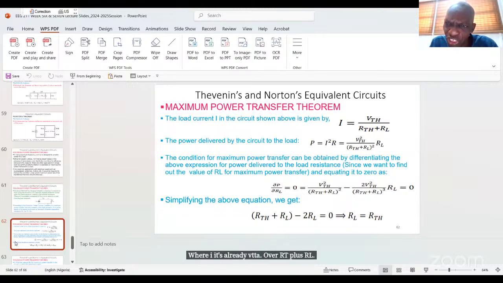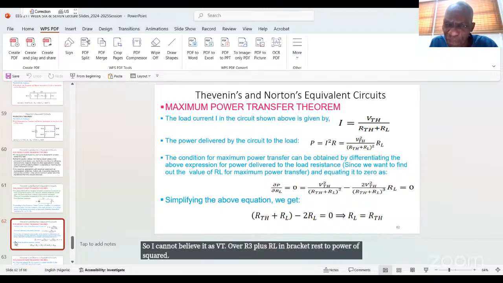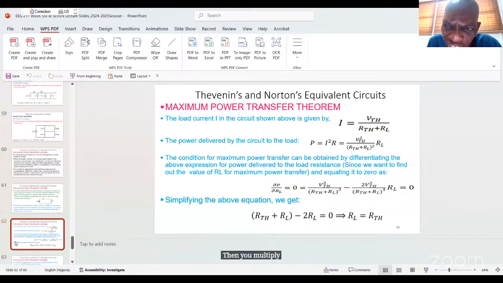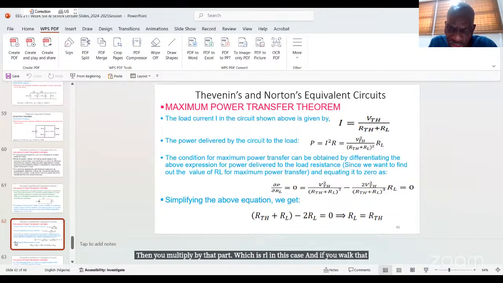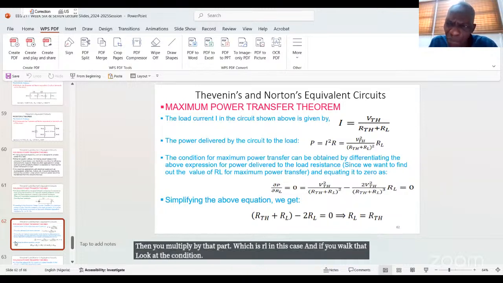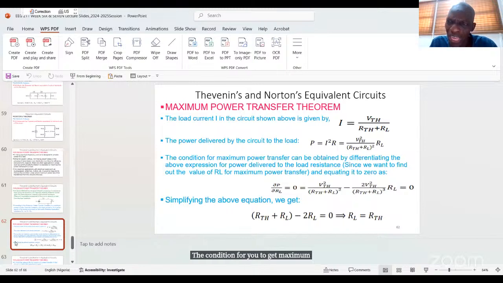So I can now be rewritten as VTH over (RTH plus RL) raised to the power of square. Then you multiply by that R, which is RL in this case. And if you work that, look at the condition. The condition for you to get maximum power is when the derivative is equal to 0.